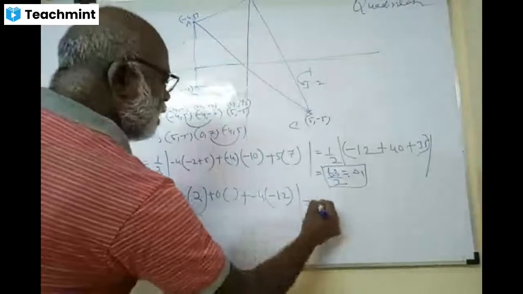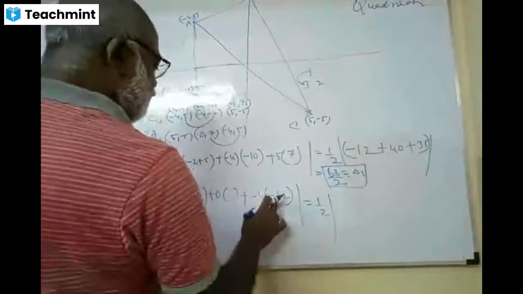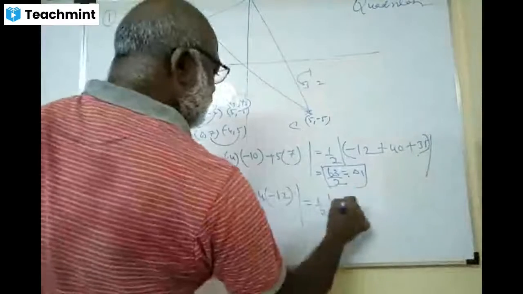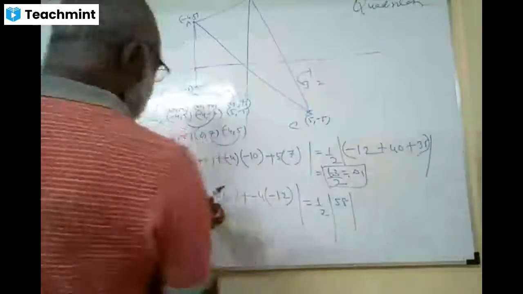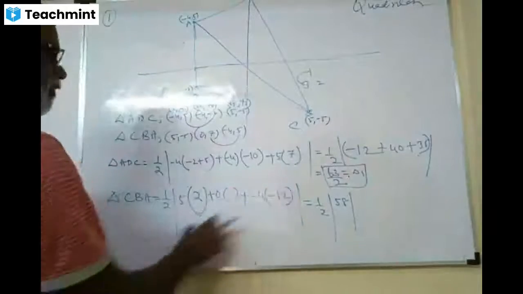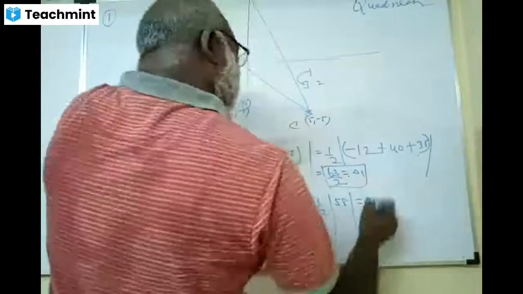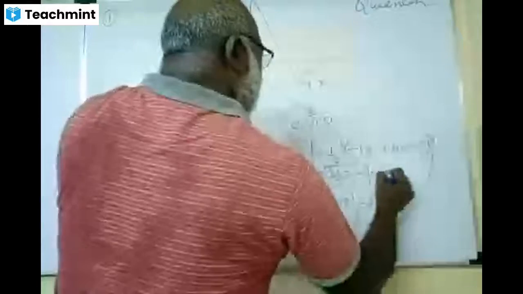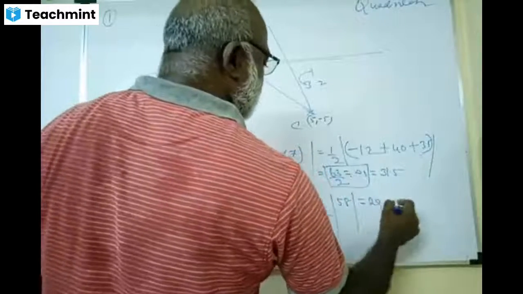That is equal to half into modulus 10 plus 48, 58 by 2, which is 29. So 63 by 2 is 31.5, and 31.5 plus 29 is 60.5.